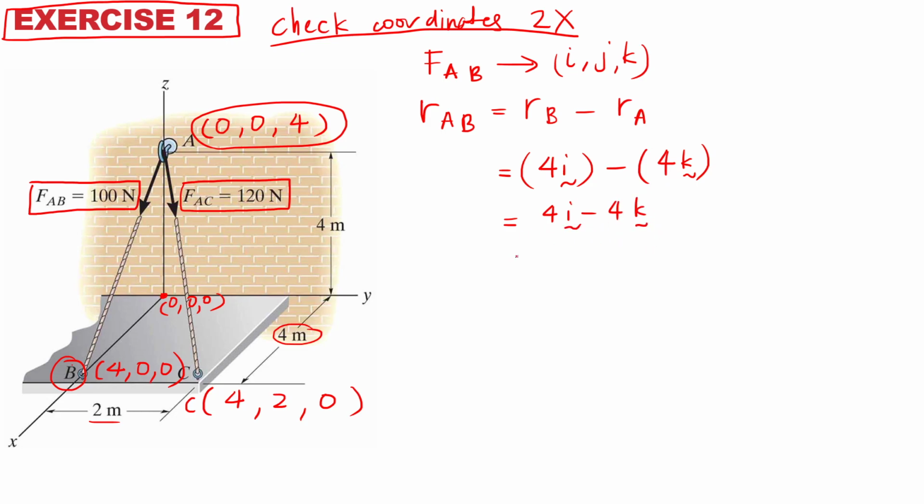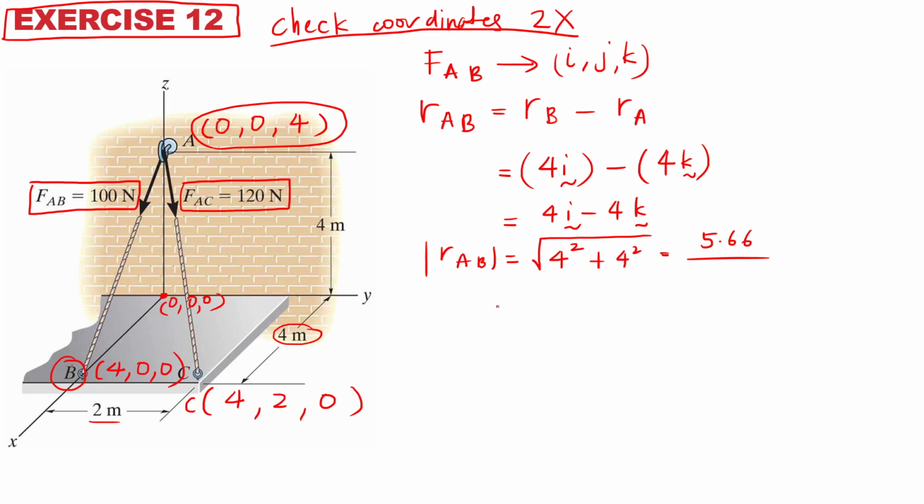What is the magnitude? RAB magnitude: 4 squared plus 4 squared, square root. So what do you get? 4 squared times 2, 5.66.